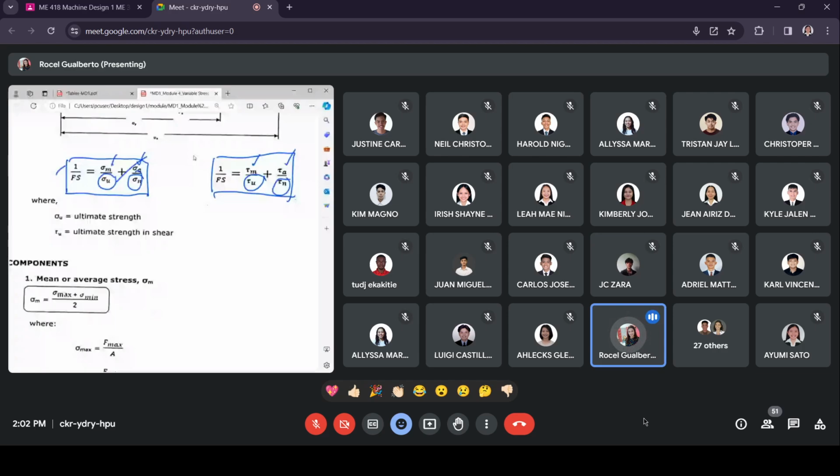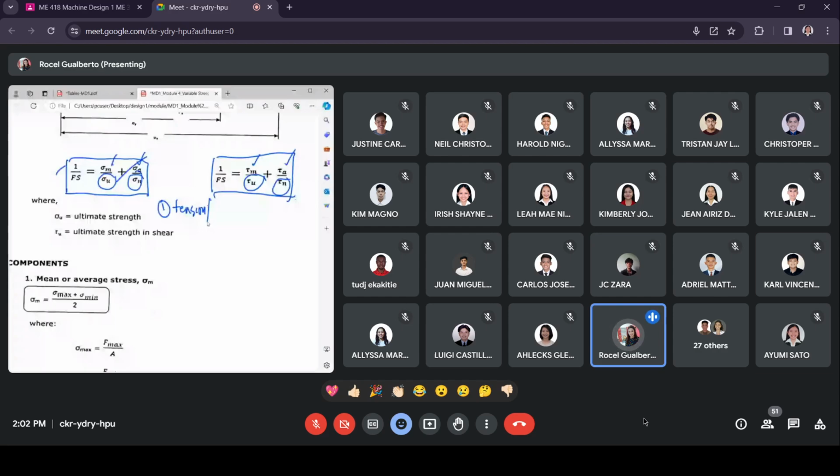These have something to do with the stresses on the material and the loads that you apply. Let us recall our equations for tension, compression, and bending.